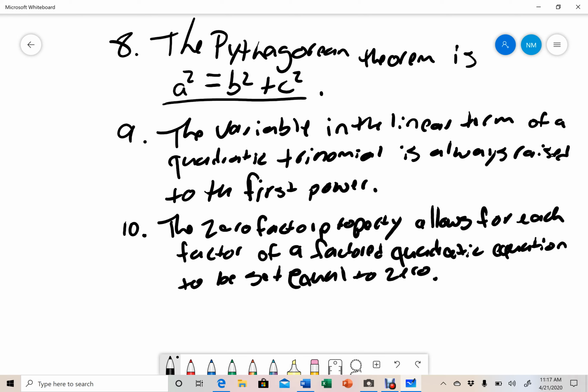Okay, the zero factor property allows for each factor of a factored quadratic equation to be set to equal 0. Is that true or false?